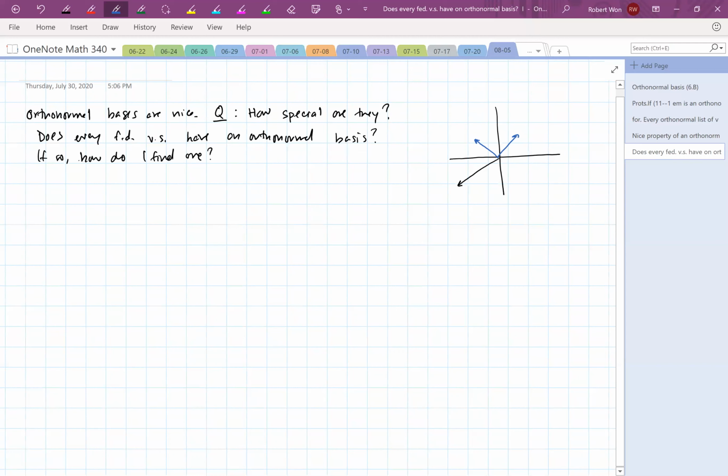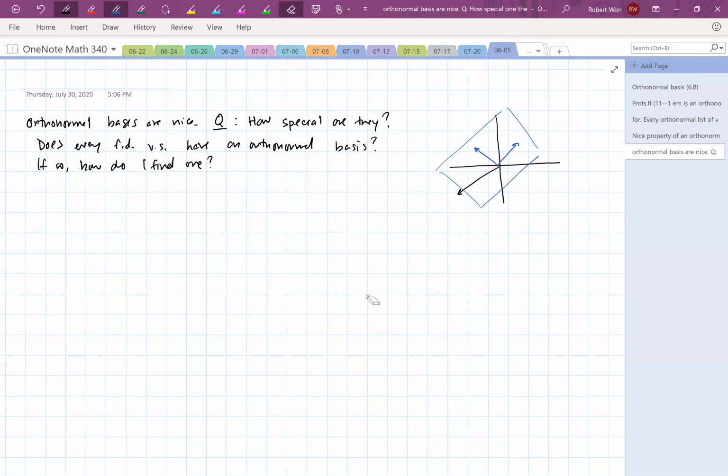And then you can look at the plane that these span and then take the normal vector to that. So it seems like, right, in 3 space, you start with any vector you want, it's relatively easy to find an orthonormal frame. This is like a frame in physics, right? 3 vectors that are orthonormal to each other, no matter how you start with the first vector.